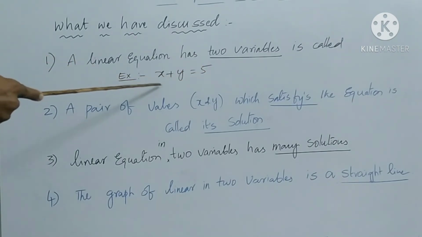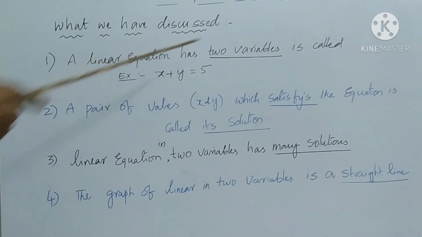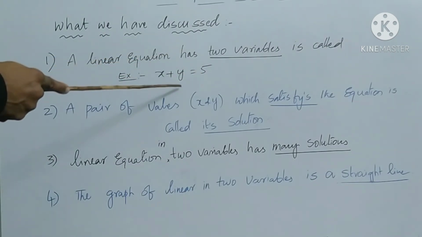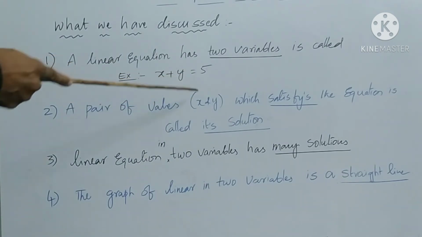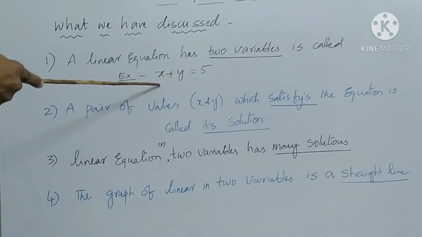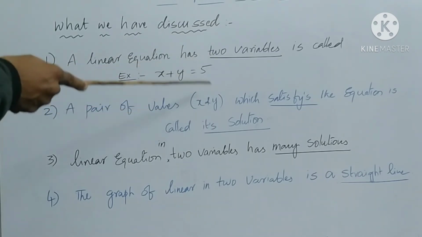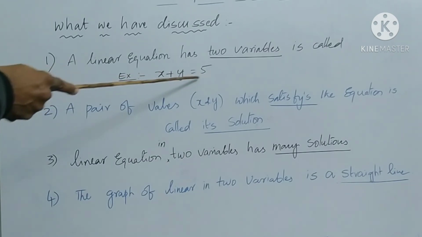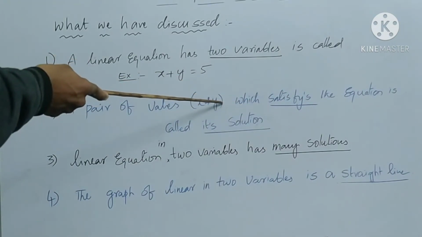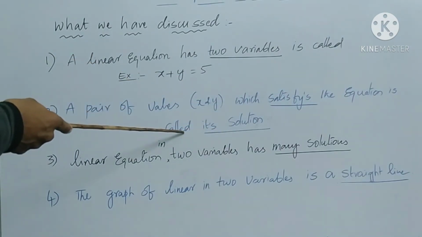So the values (1, 4) satisfy the equation. Similarly, (3, 2) also satisfies the equation, and x = 4, y = 1 also satisfies the equation. These are all called solutions of this equation.